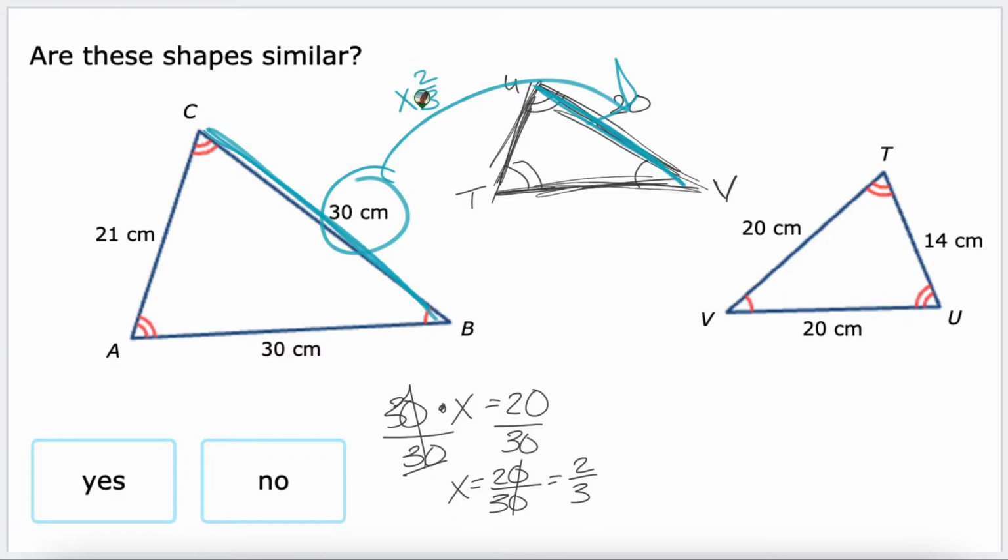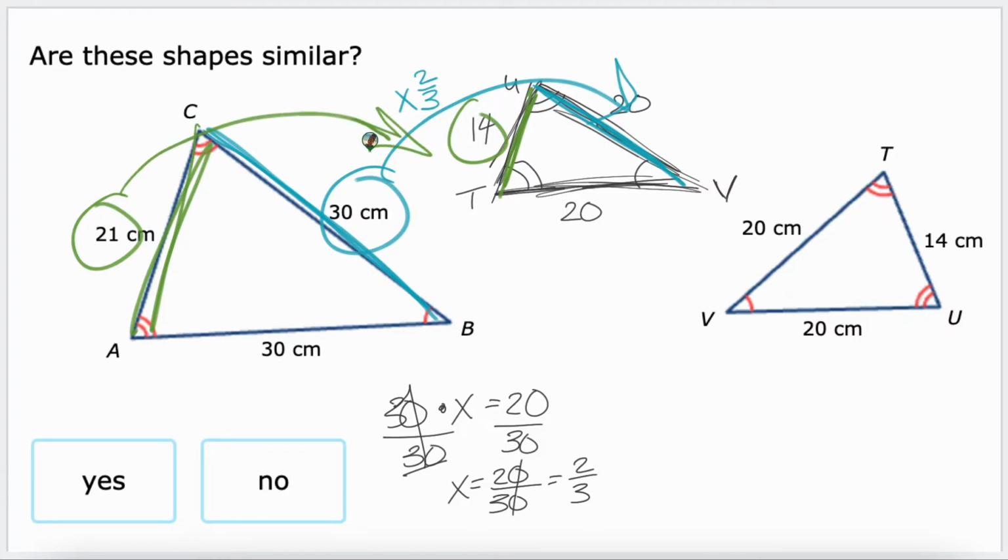Okay, let's see if that's the same for all of our sides. So let's identify another corresponding side. Let's go from here to here, right? So that side, TU, has a measure of 14, and then we have another 20 over here. So in order to get from 21 to 14, what did we multiply by?